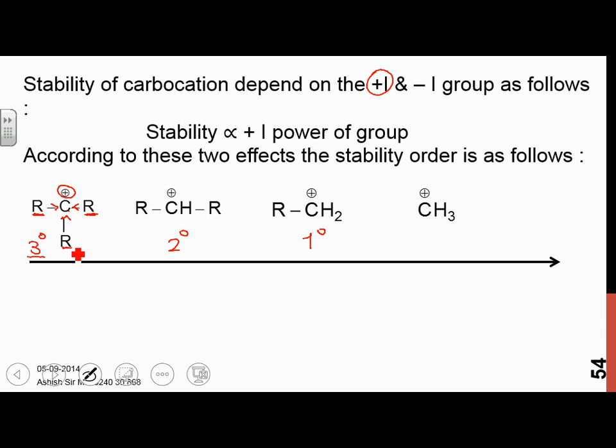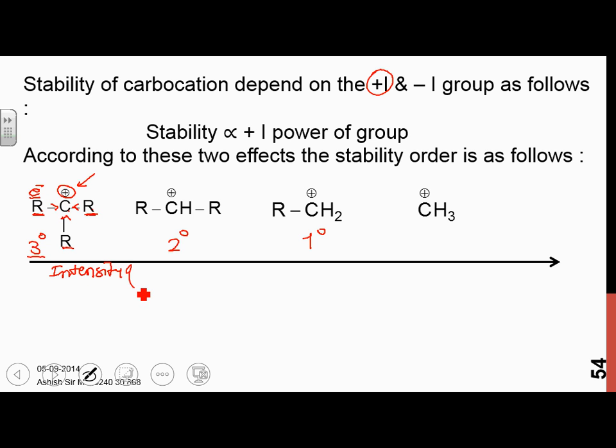If they donate electrons, which are negatively charged, towards the positively charged carbon, obviously its positive charge will get nullified, and so the intensity of positive charge decreases.